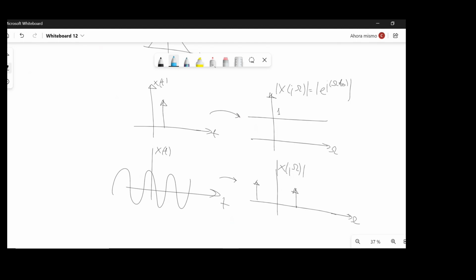What is the support of this function? The support is the set of values of time for which the function is different from 0. It's very small support. So this is very compact in real space. What is the support in Fourier space? It is infinite. And what about this one? What is the support here? It is infinite. What is the support here? It is very compact.